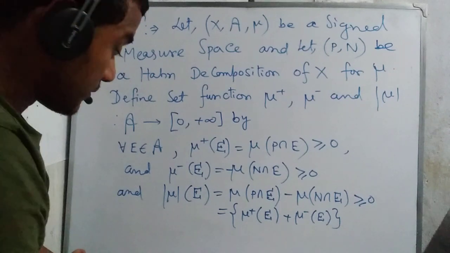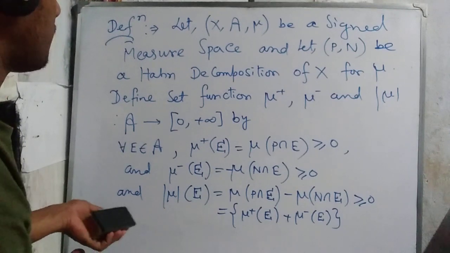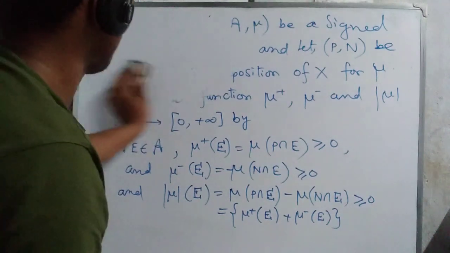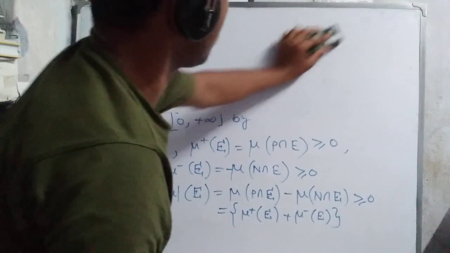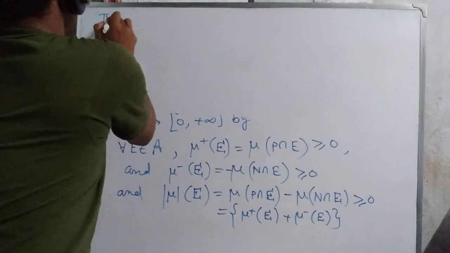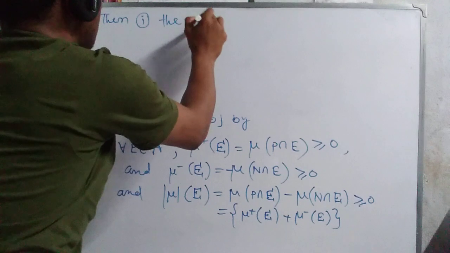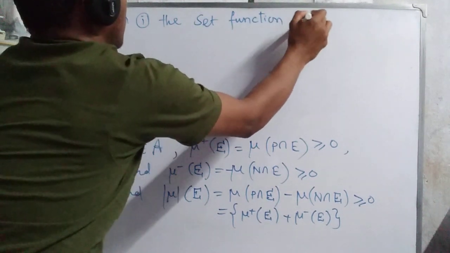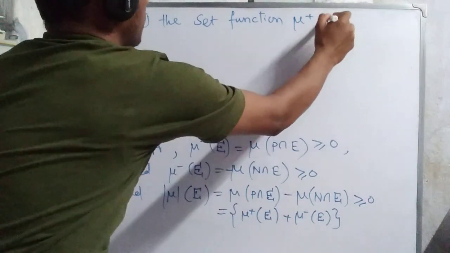Then we erase this portion and go on to further discussion. First, the set function mu plus is called the positive variation for mu.